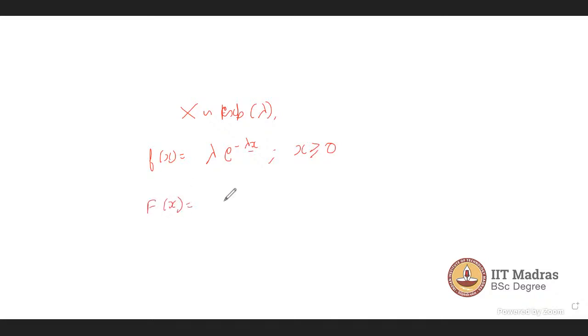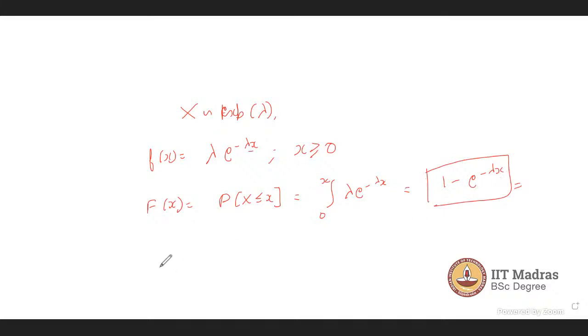The CDF means the probability that it takes a value less than something. It simply means you're integrating from 0 to x this PDF, and solving, we get this. You can directly remember the formula if you are not aware of the integration.